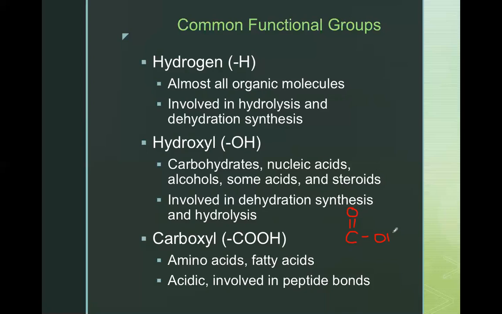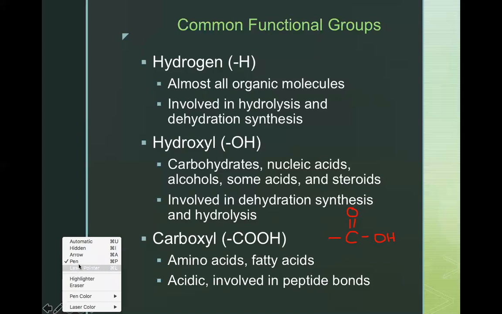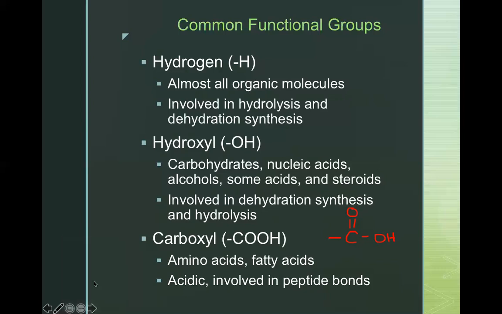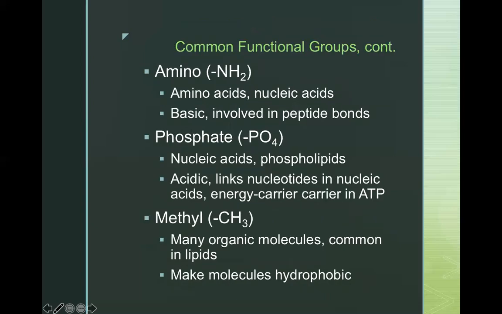Sorry, I'm not particularly adept at writing on my laptop, but that is traditionally what a carboxyl group actually looks like. And carboxyl groups are involved in amino acids and fatty acids. It is acidic. They are involved in peptide bonds. We'll talk in more detail later, but peptide bonds are what are found in proteins.